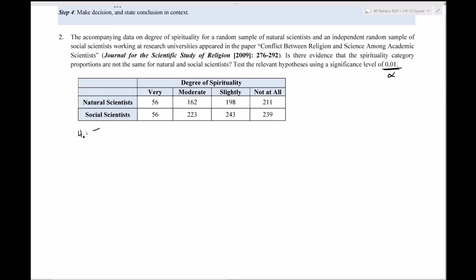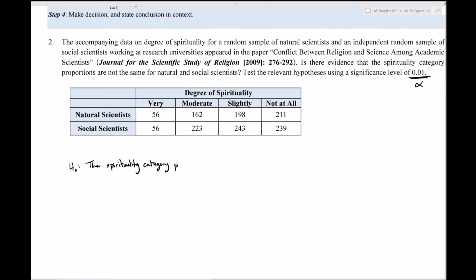The spirituality category proportions are the same, which I might want to insert the word categories in there, because there are 4 spirituality categories. Notice how they didn't give the totals for the columns and the rows, so I'm going to need to be writing those in myself.